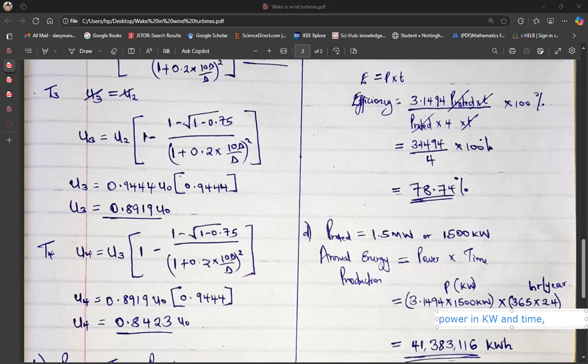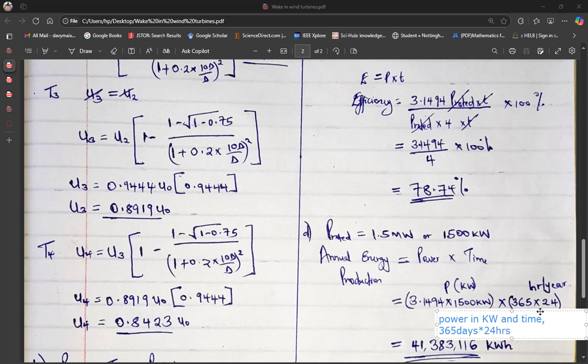Since they're saying annual, we need to determine the number of hours in a year. We have 365 days in a year, and each day has 24 hours, so we multiply by 24 hours.